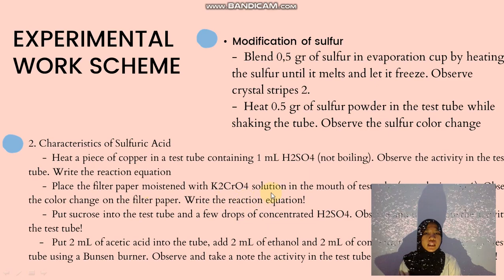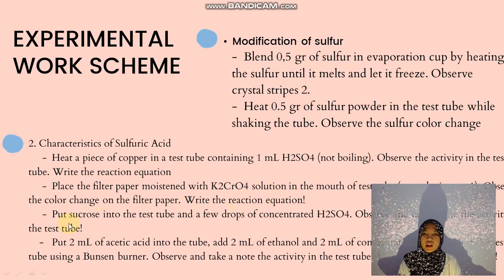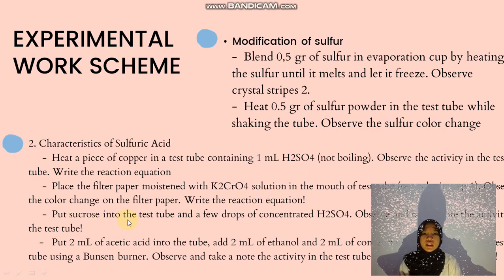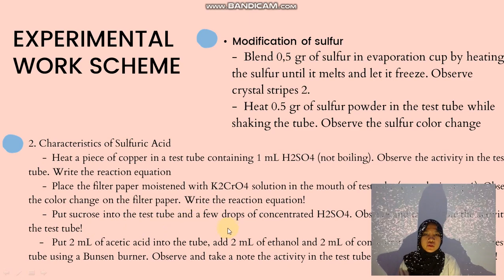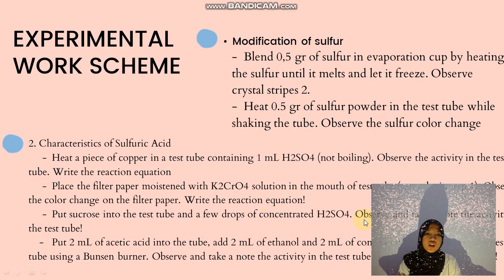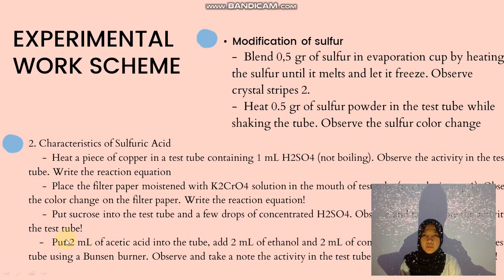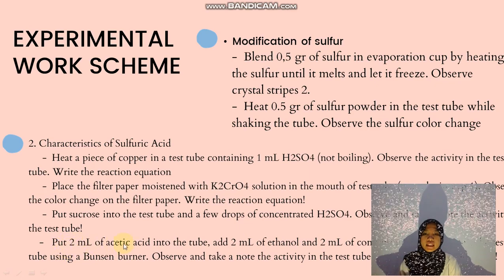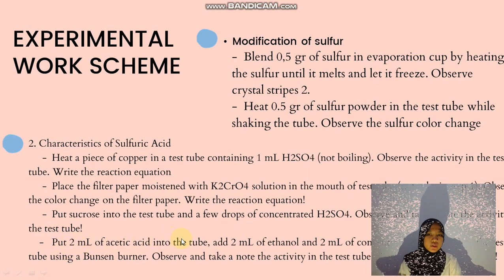Write the reaction equation. Put sucrose into the test tube and a few drops of concentrated H2SO4. Observe and take note of the activity in the test tube. Put 2 ml of acetic acid into the tube.